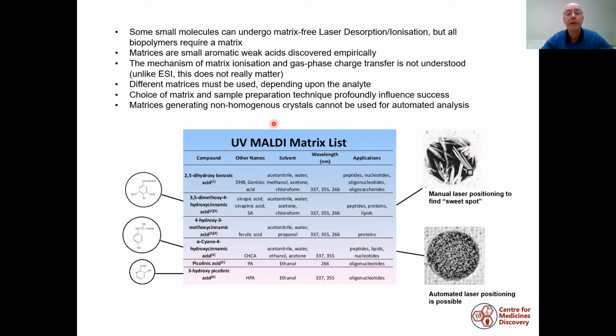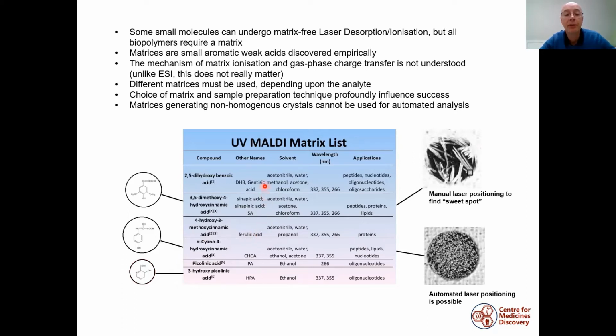But these are some of the very commonly used matrices. Alpha cyano, as I mentioned, is very popular. It works very well for peptides, also nucleotides. For nucleotides, this one, 3-HPA, is very popular. For proteins, as I mentioned, this one, sinapinic acid, is very good. Also, ferulic acid is very good for intact protein analysis.